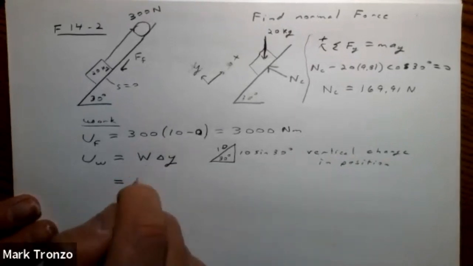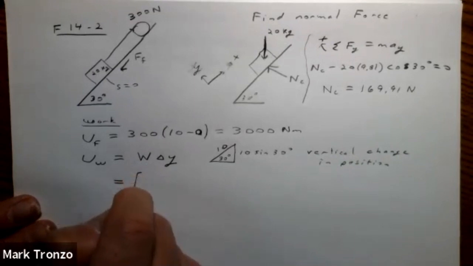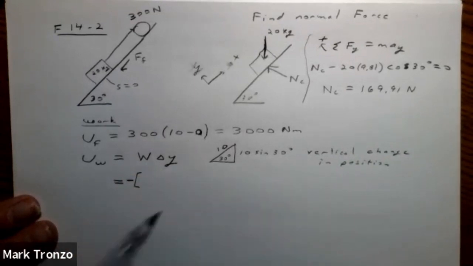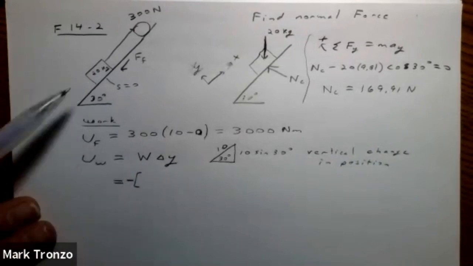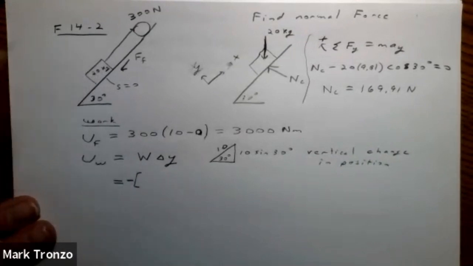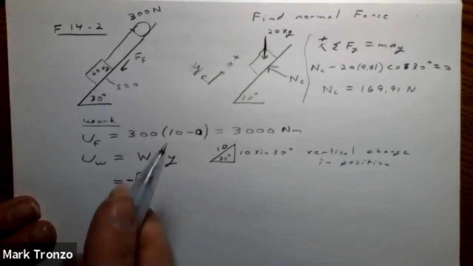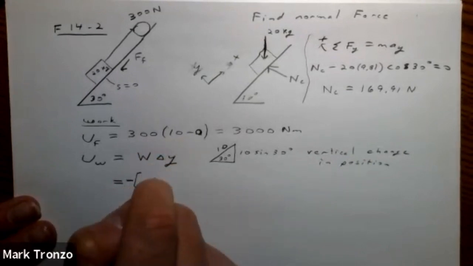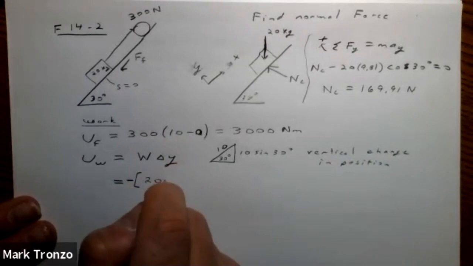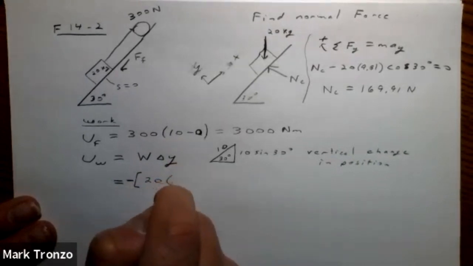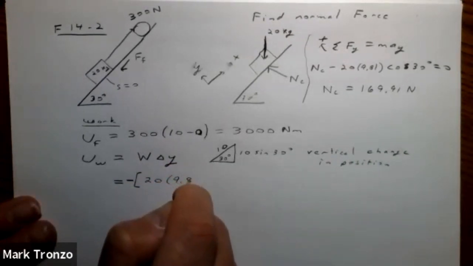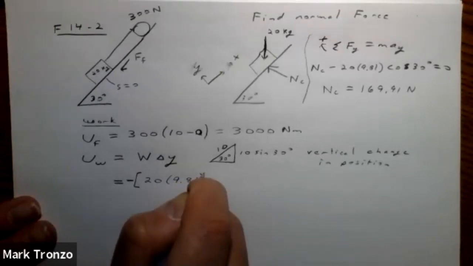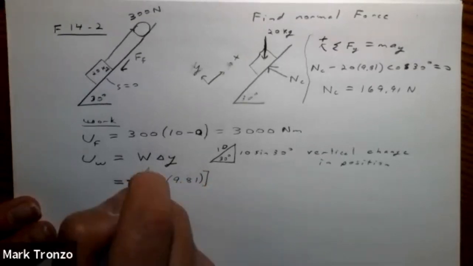And so therefore, we put this here. It's going to be the weight. And remember, the weight is going to be 20, and it's going to be minus, right? Because remember, if the weight rises, it's going to be put in as negative. And again, we're using SI units. It's going to be the kilograms times 9.81 to get the weight.